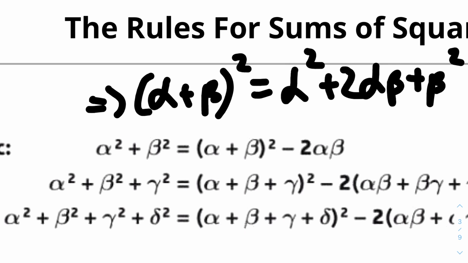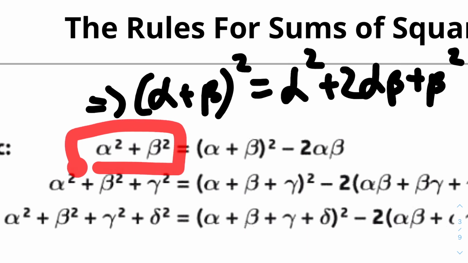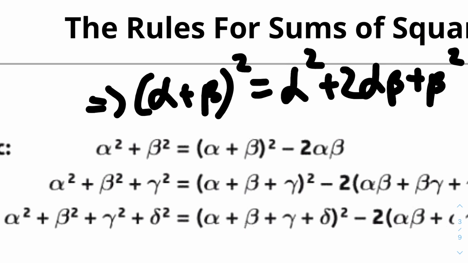And since we have to find alpha squared plus beta squared, and it's present in this, we just rearrange it to make it the subject by taking away 2 alpha beta from both sides to get alpha squared plus beta squared equals alpha plus beta squared minus 2 alpha beta. That's what we have here.